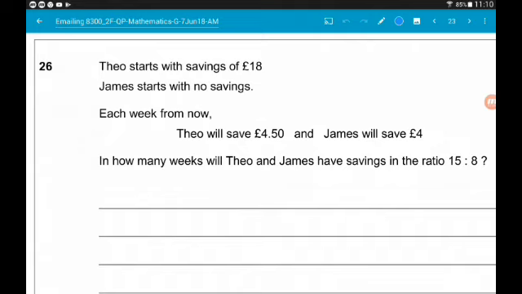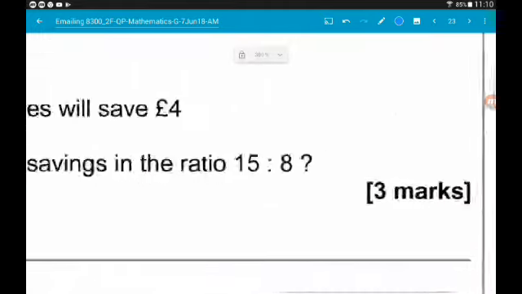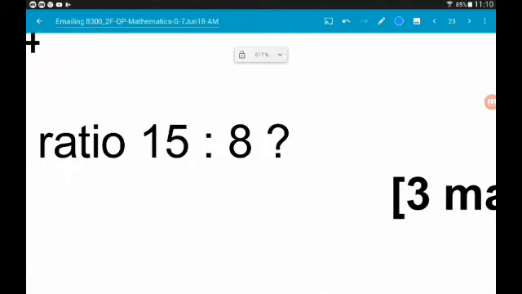Okay, so at the start, Theo to James is 18 to 0. Now we know from this ratio down here, we want James's savings to be a multiple of 8.